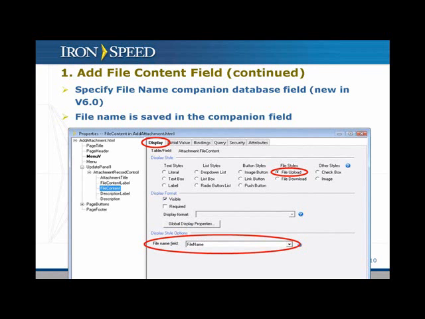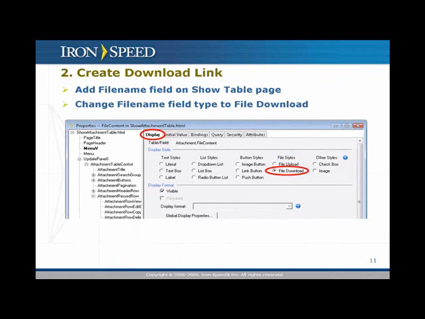Now, the other side of that is, how can you create a download link? Again, IronSpeed Designer 6.0 has made this much easier. What you can do is add a file download, select a file download control, and this will allow you to specify the file content field as of style file download.